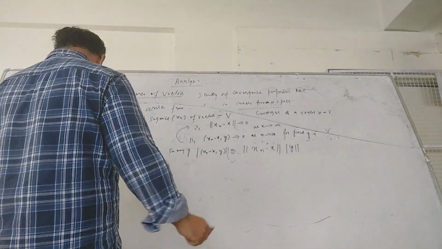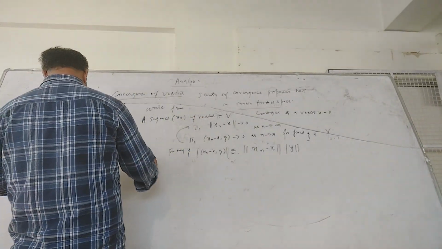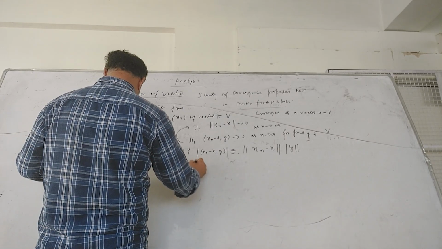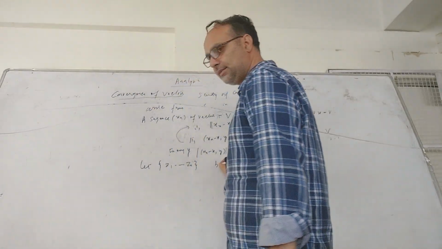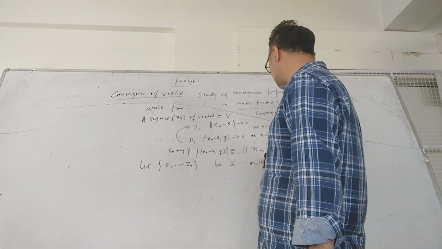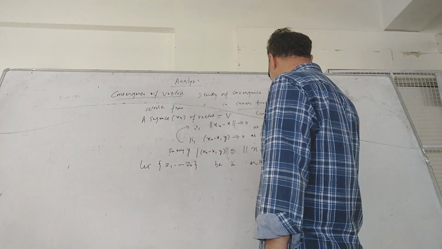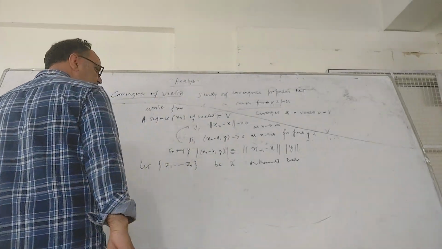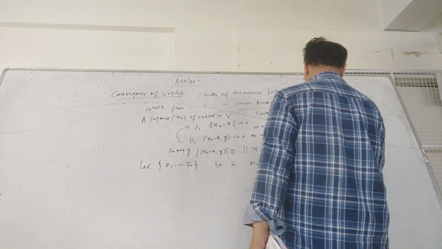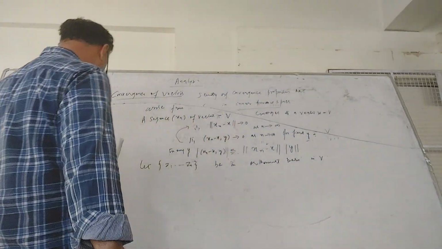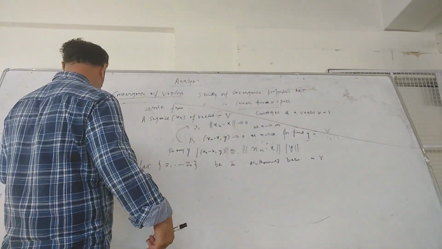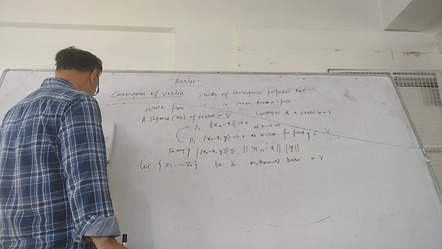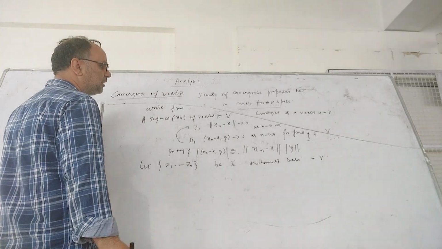The thing is, let z1, ..., zn be an orthonormal basis in a finite dimensional space V, and we reserve n for the dummy variable as a limiting process.